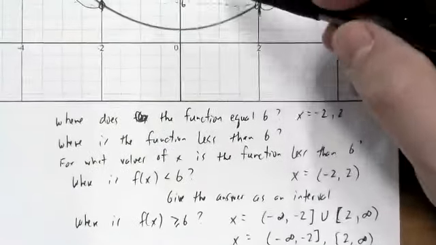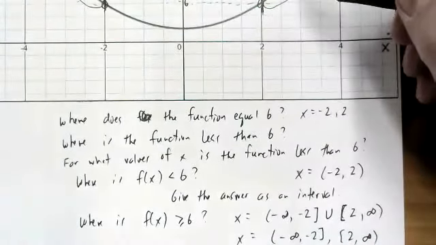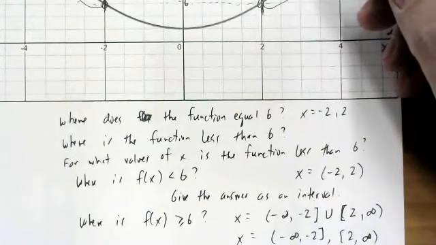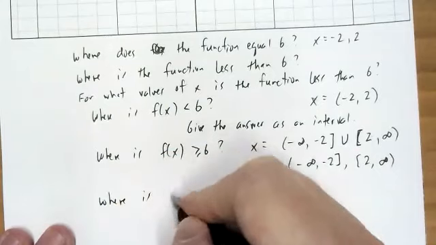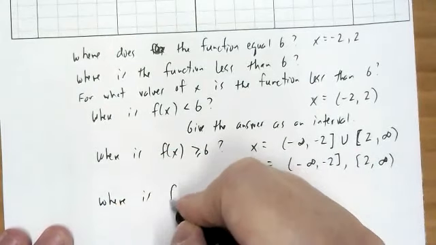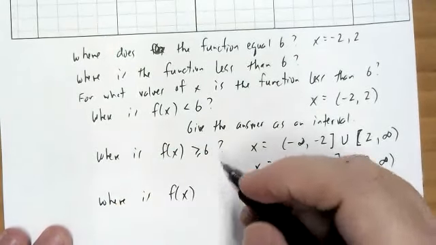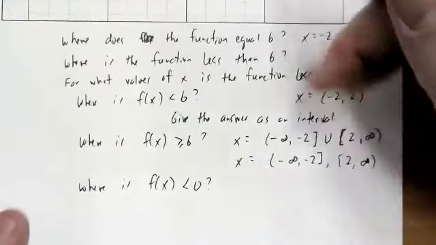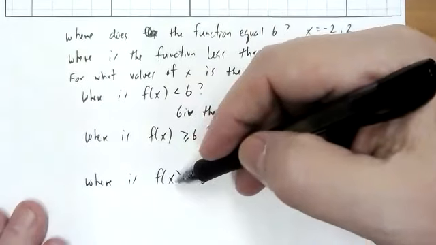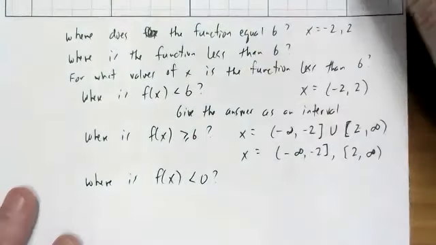Let's do a couple more just for good practice since we got this graph up here. How about I say, where is f of x less than 0? So the question is, where is f of x less than 0? I'm going to go to my graph.